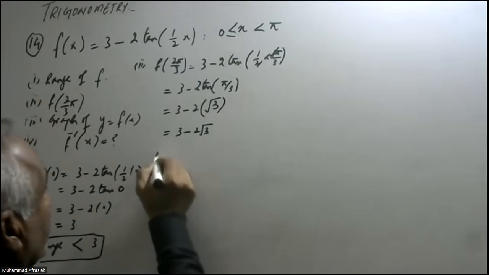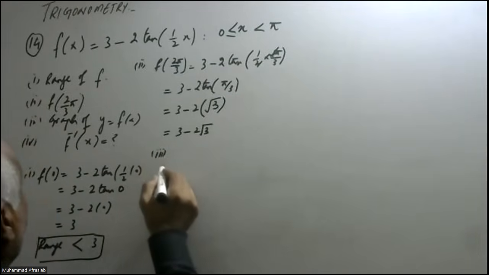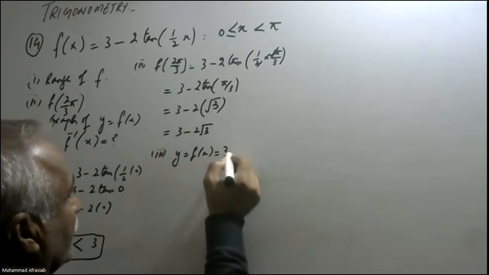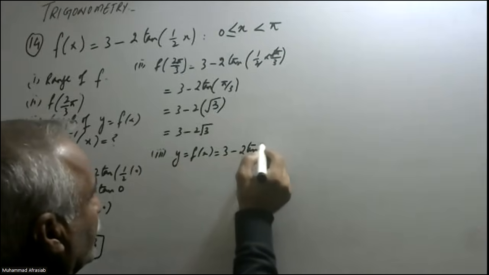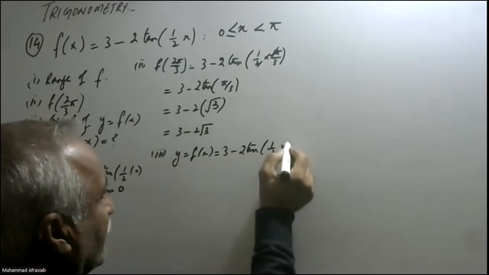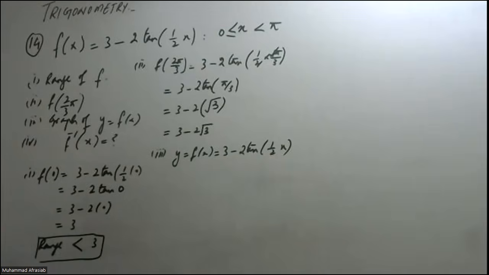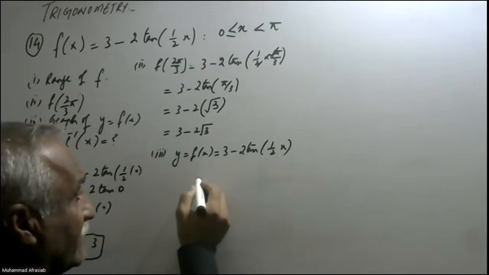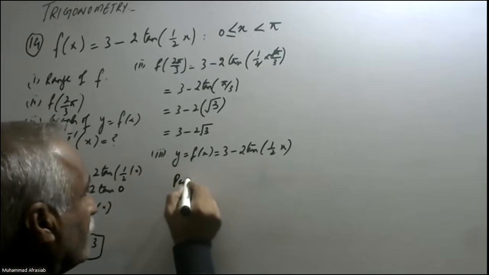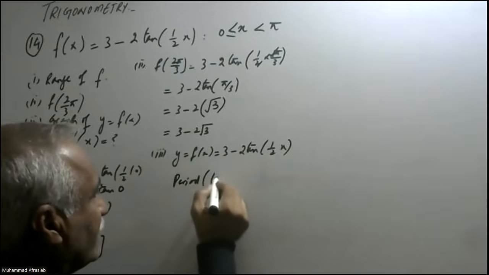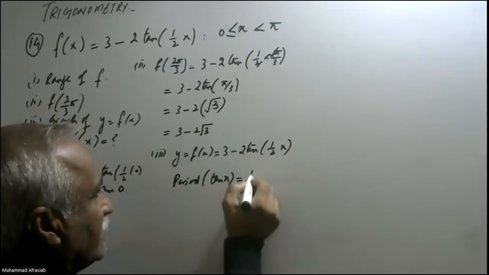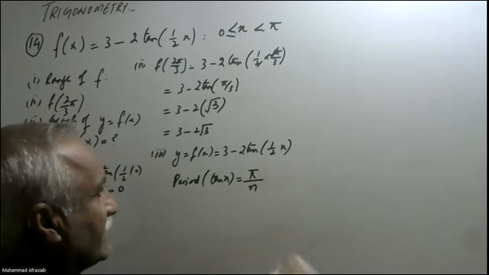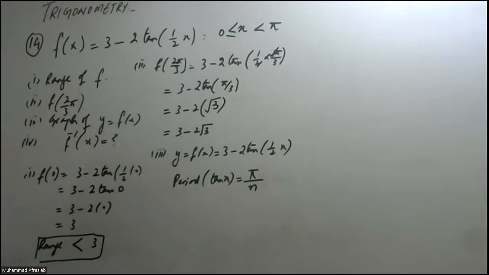Then in the third part, we have to draw the sketch of y is equal to f of x, that is equal to 3 minus 2 tangent of half x. We know from the trigonometric table that when we look at the period for the tangent function, it is pi over the number of cycles that repeat.